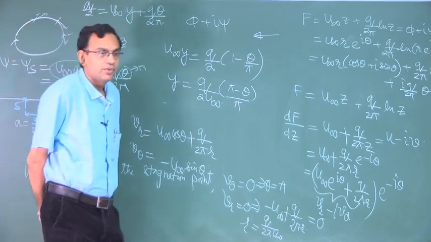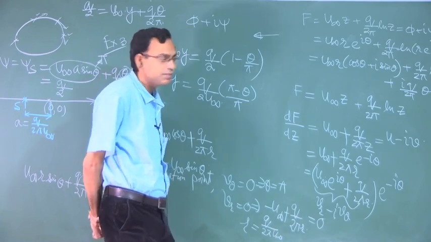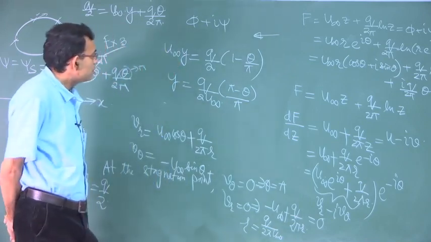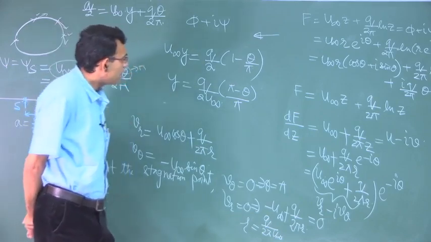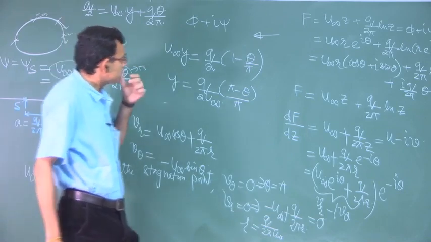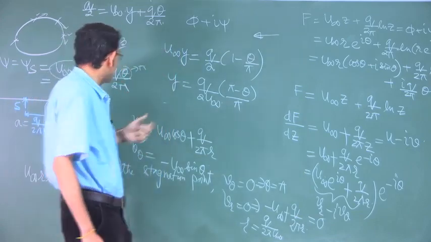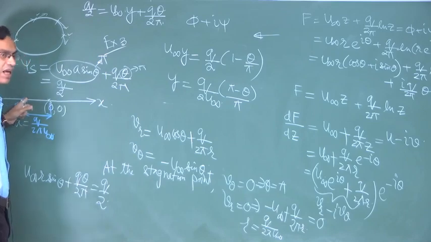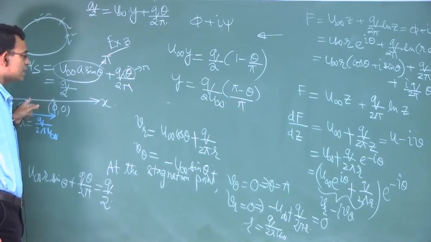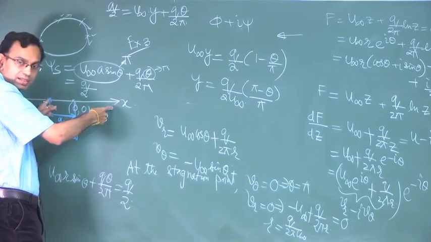So, what does it tell you actually? Substitute different values of theta. First of all, what does it say? This curve passes through this point. What happens as x tends to infinity? Does it somewhere close the curve by passing through the x axis?